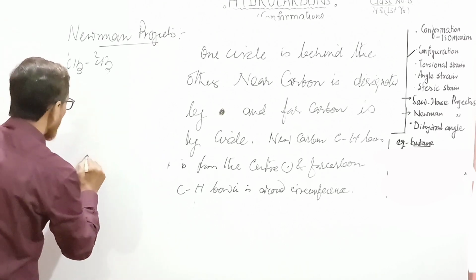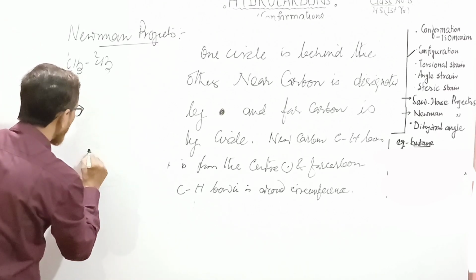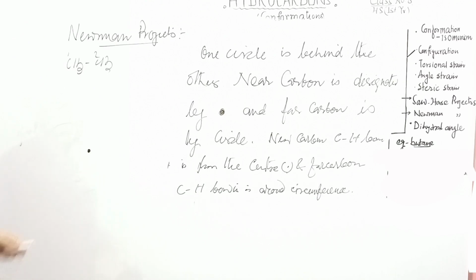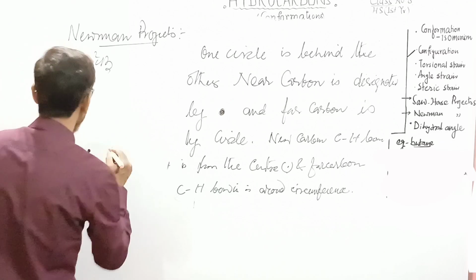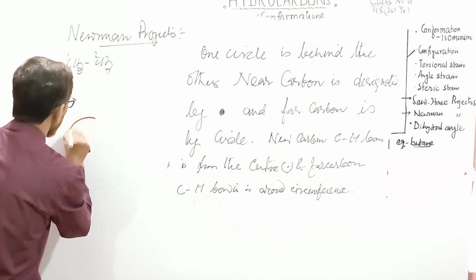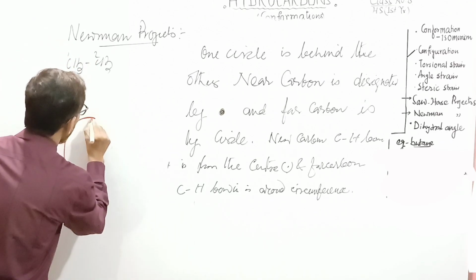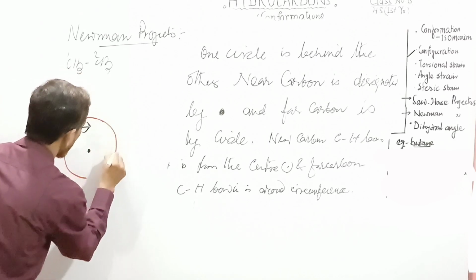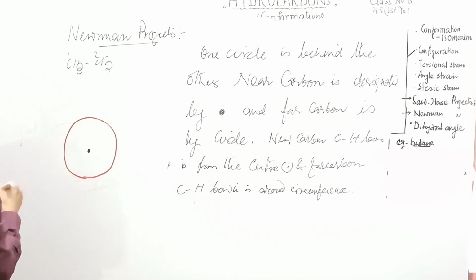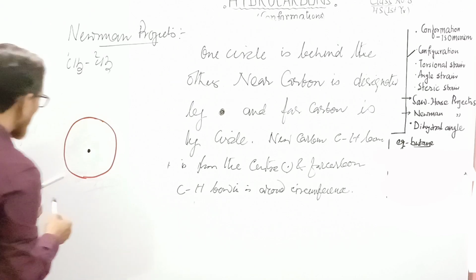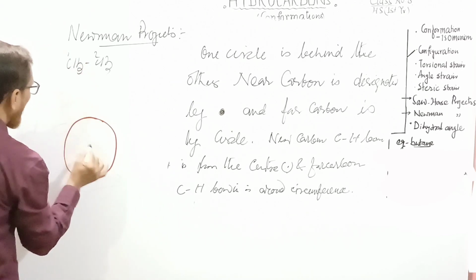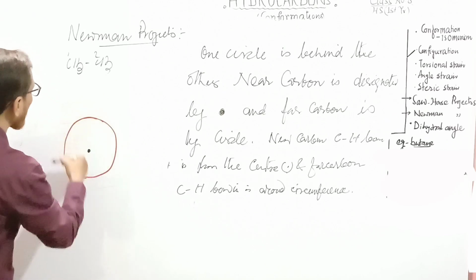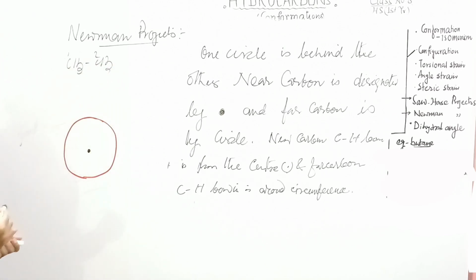So the near carbon is represented by a dot, and the far carbon, carbon 2, is by a circle. Am I right? So one dot and a circle.